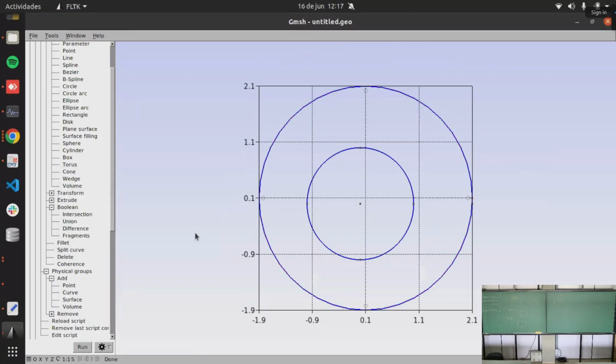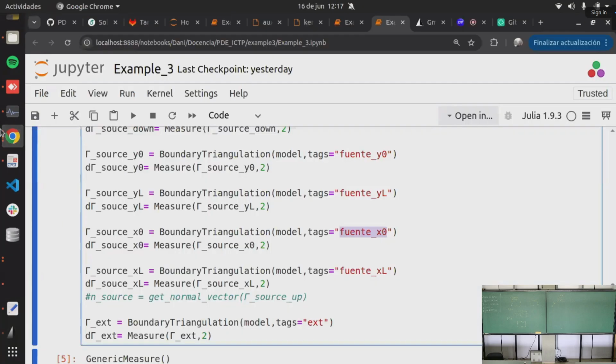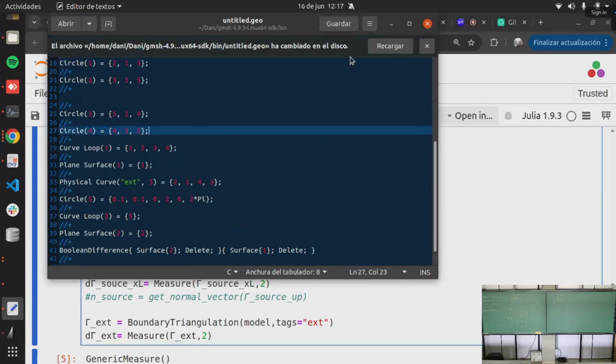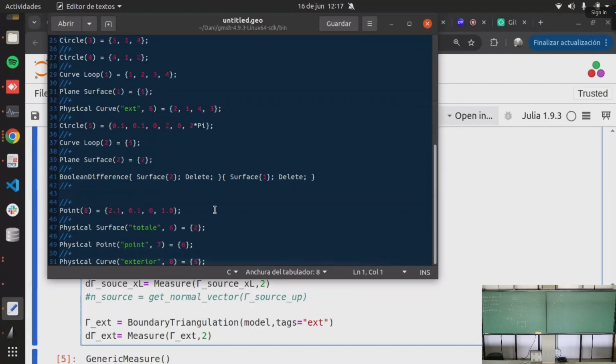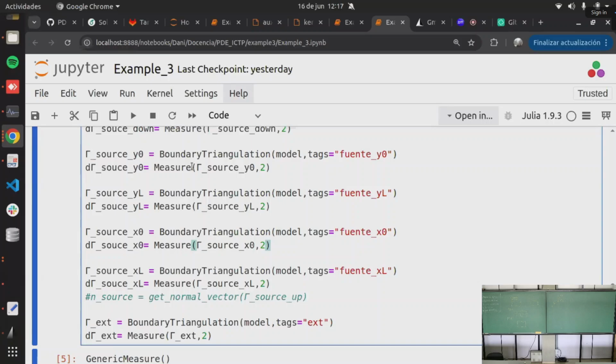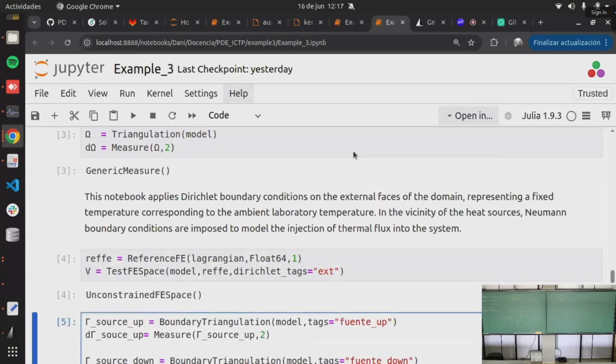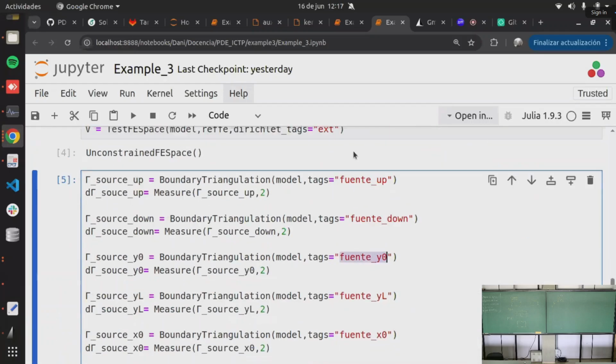and after that, when I want to make the boundary triangulation, I have to put it like this. If I want to make a triangulation of the exterior of the circle, I want to add where are here boundary, the exterior and the point.